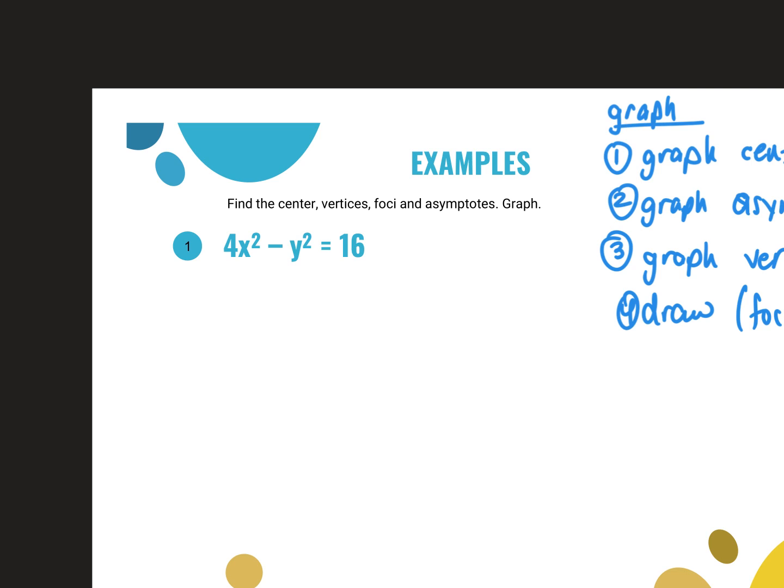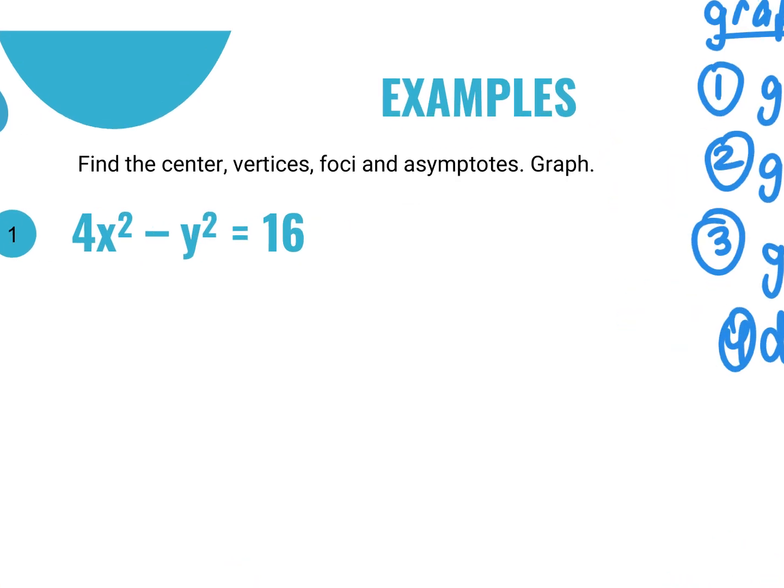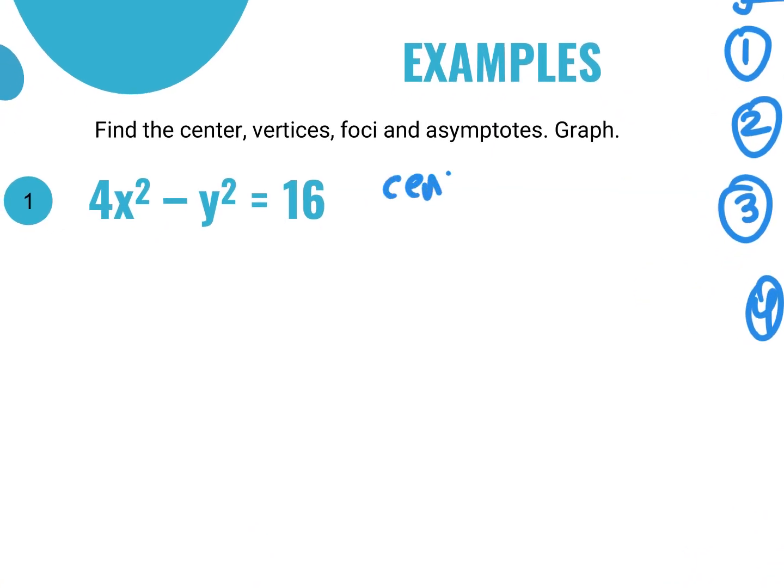All right, so let's think about this for a second. Is there anything being added or subtracted to my x squared and y squared? Do I have a parenthesis that says like x minus 4 quantity squared plus? No. So where is my center? My center's at 0, 0. Do they have to implicitly tell you center is 0, 0?